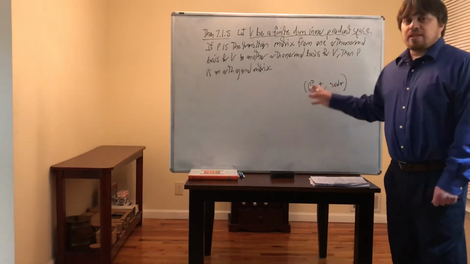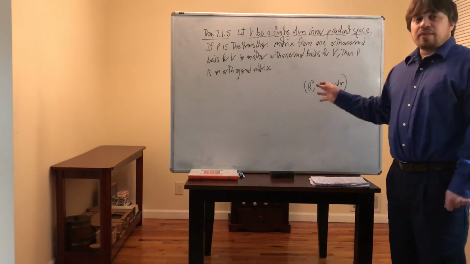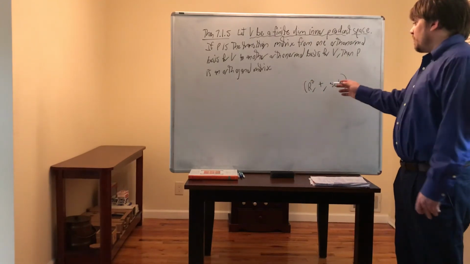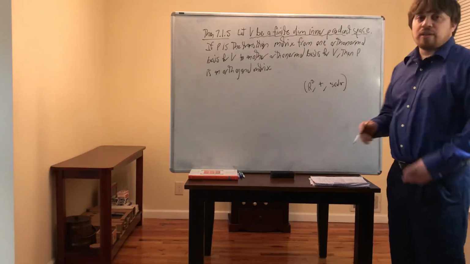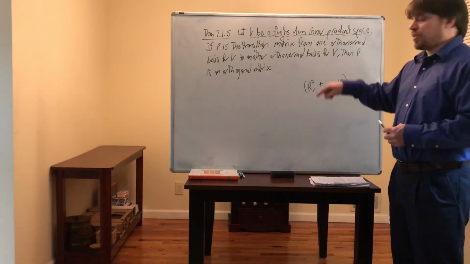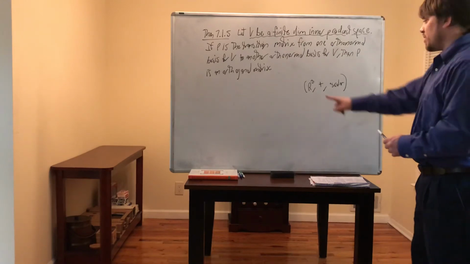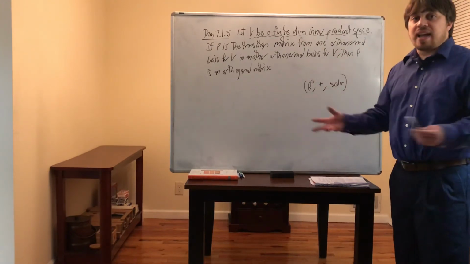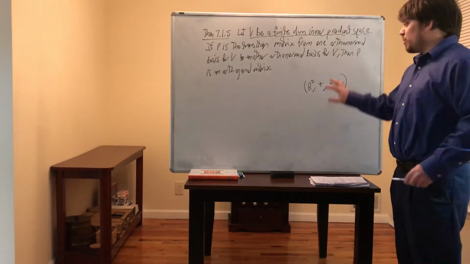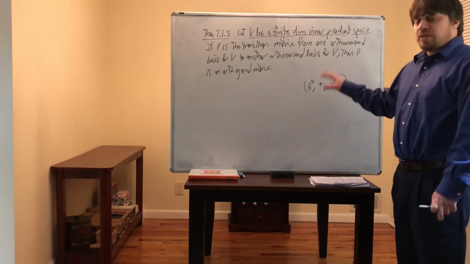So R3 would be the set of three tuples, plus would be the standard addition of three tuples, and this would be normal scalar multiplication of three tuples. This would constitute a vector space, the team of these three things, the set and these two operations that satisfy the 10 axioms for a vector space. So these three things and the 10 axioms hold, you have a vector space.